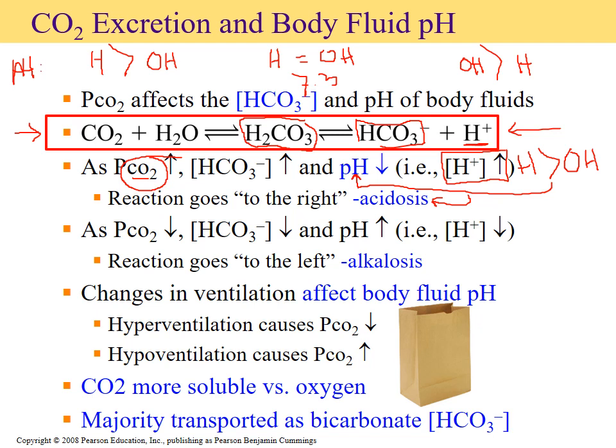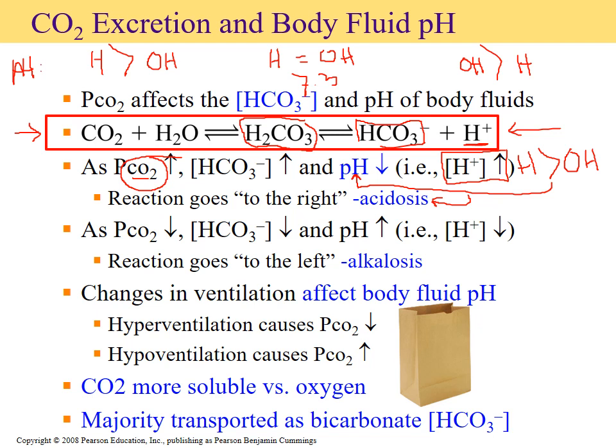So what can your body do to get rid of all that excess carbon dioxide, right? Because your carbon dioxide went up, your hydrogens went up, and now you're in an acidic range. Well, what we can do is we can turn to our respiratory system and we can change our ventilation rate so that we can get rid of that carbon dioxide that we have in excess.